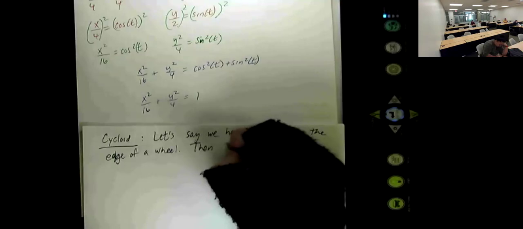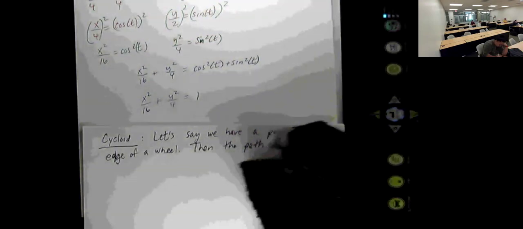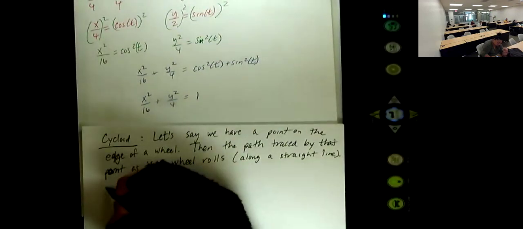Then the path traced by that point as the wheel rolls, of course, along a straight line. We don't want to go around curves and wavy lines, just along a straight line. Makes a cycloid.